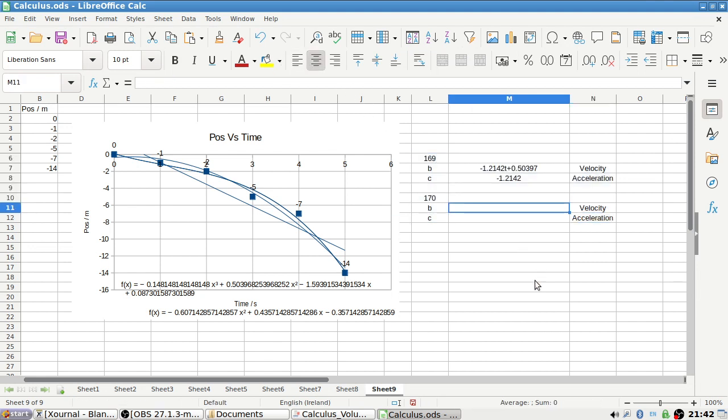Right. Now, a little bit trickier. The cubic. So minus 0.1481481. So we'll go with 5 significant figures again, times 3. That's minus 0.44454 t squared plus 0.50396. That'd be 7 then. Times 2.